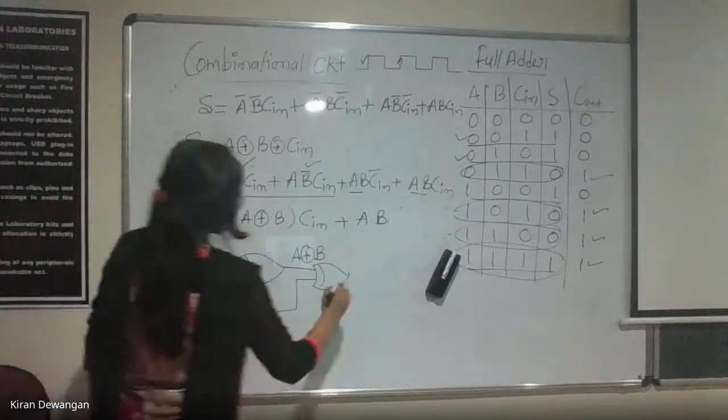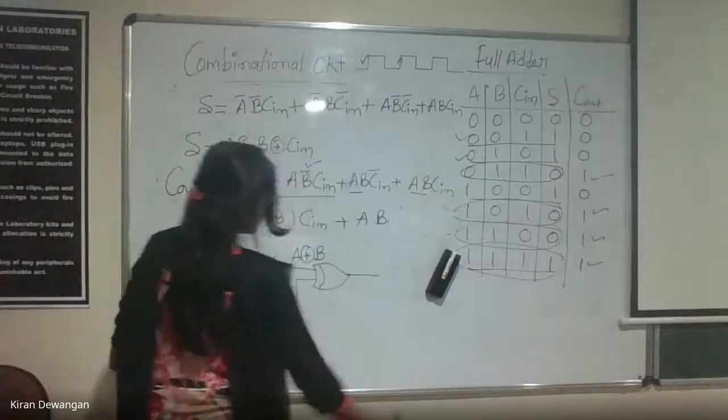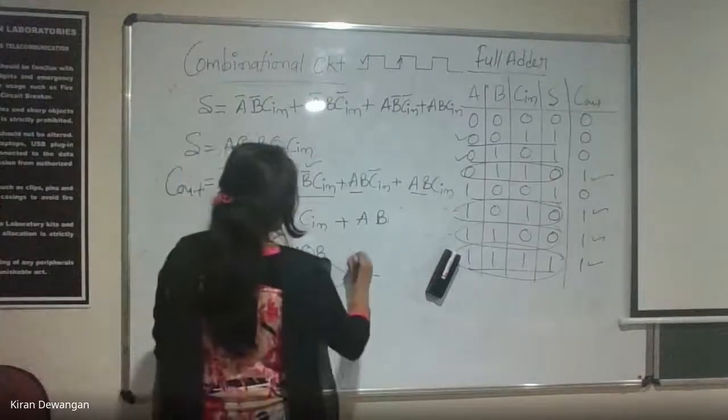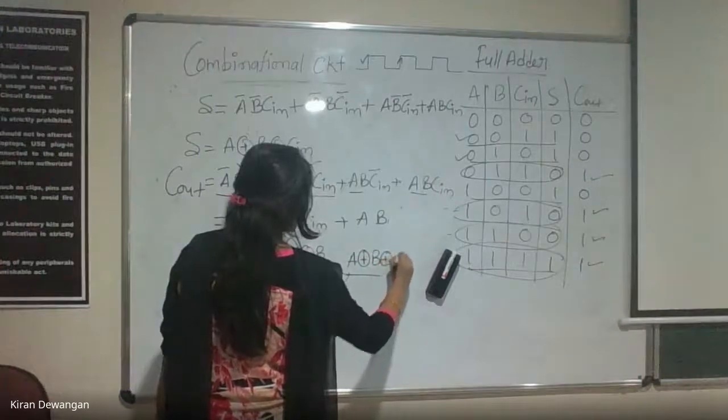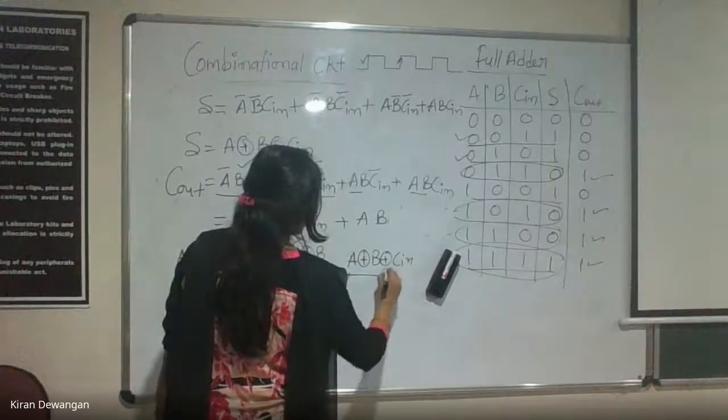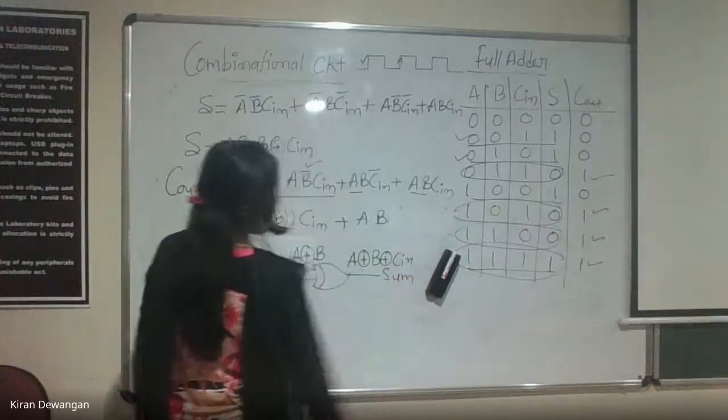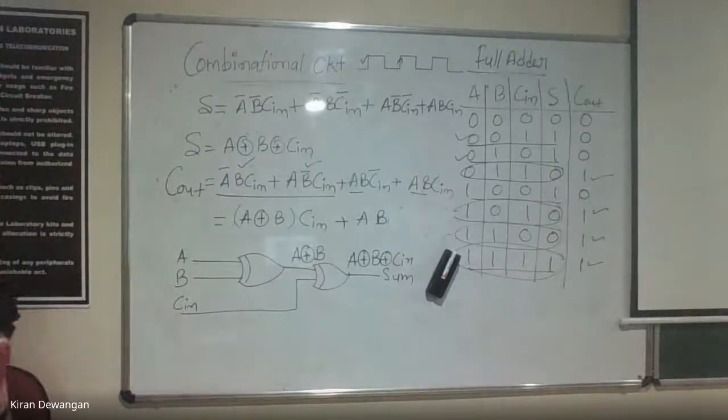Okay? Now this is given to another XOR gate. This becomes A XOR B XOR C in. This is our sum output.